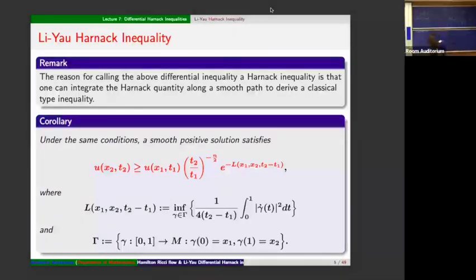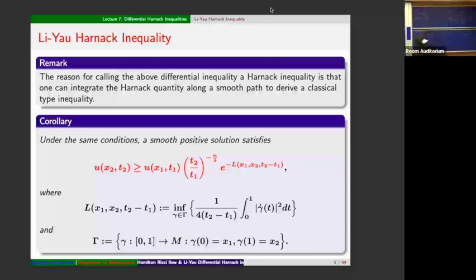So in that case, this gamma we have here is taken as the distance between x2 minus x1. If this is the point P minus Q, that's just the line. So you have that to the power of 2.